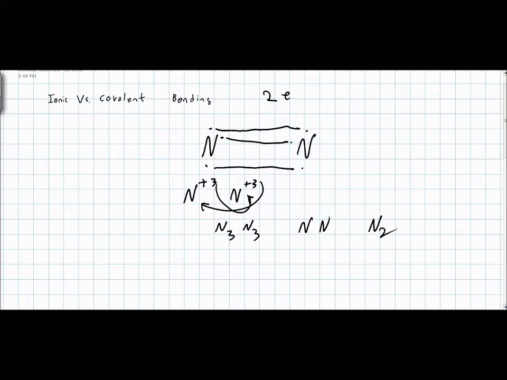However, look at this 3. We have 3 bonds. The denominator is 3, if you want to call it a denominator, I like to. It's really a subscript. So what we can do is, when we draw the molecule like this, is draw 3 bonds. Now how's that for cool? And so this is what we would call the structure of nitrogen.